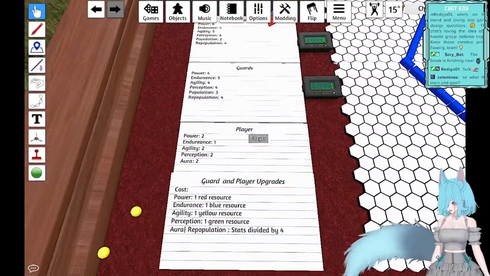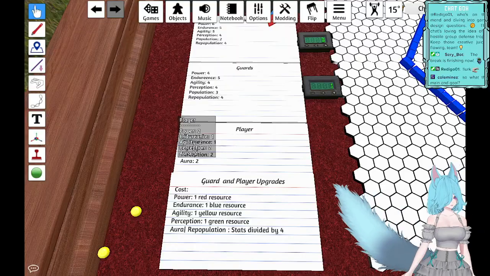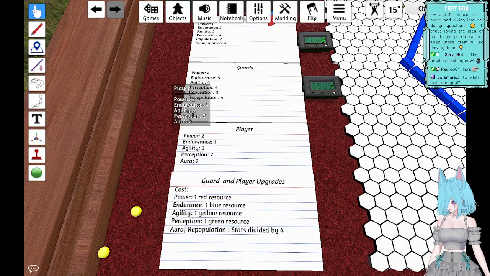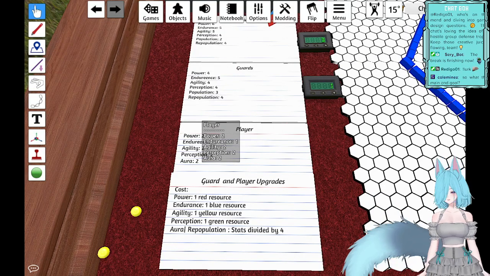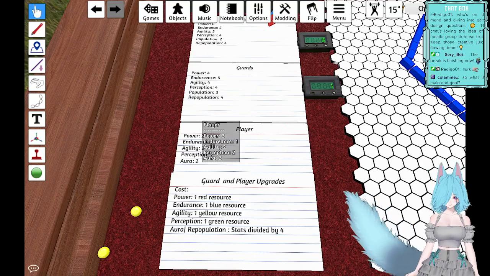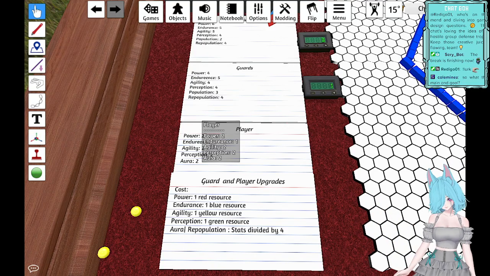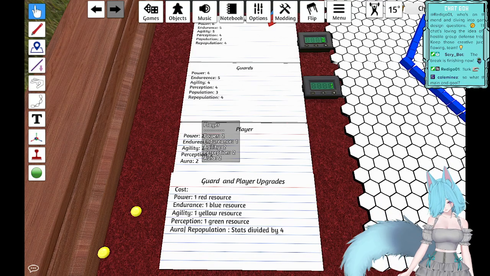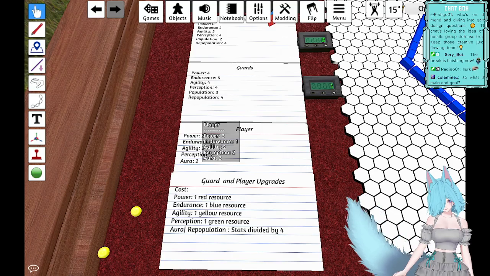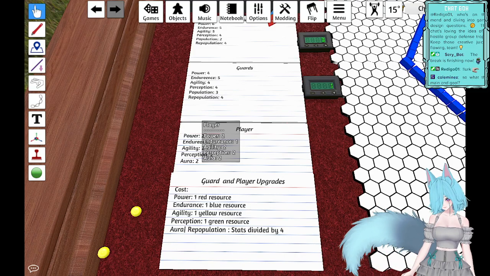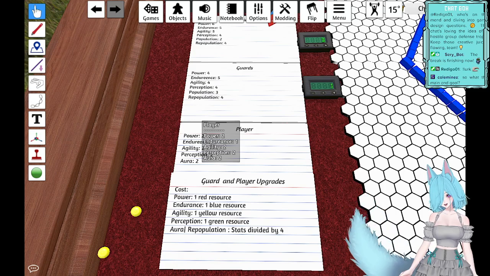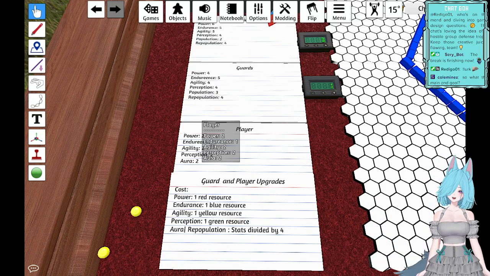And the city expands based on our aura, and our aura is based on our stats. But our aura also makes us easier to be detected.